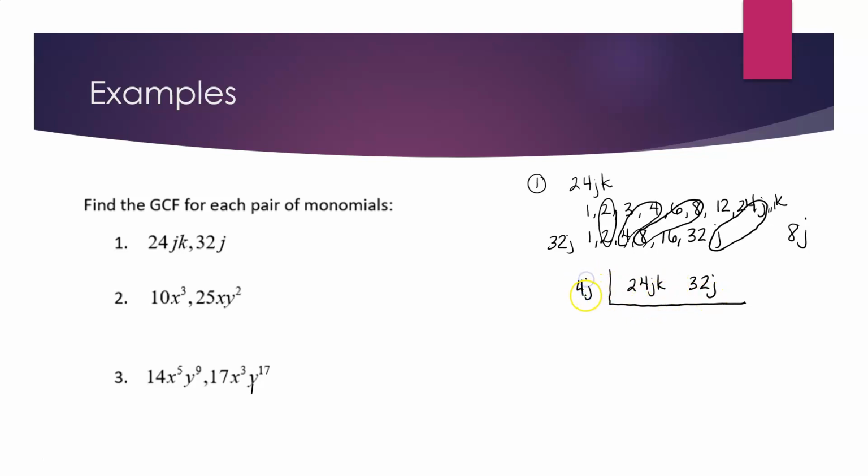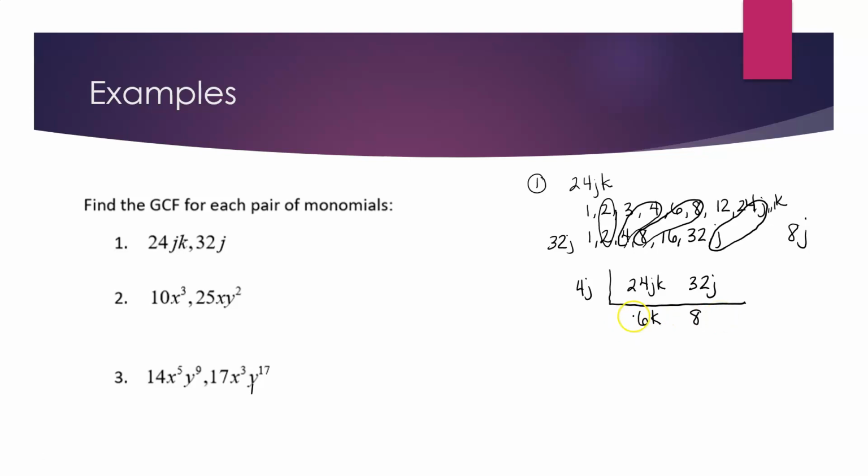We know they both have a J. So 24JK divided by 4J is 6K. 32J divided by 4J is just 8.